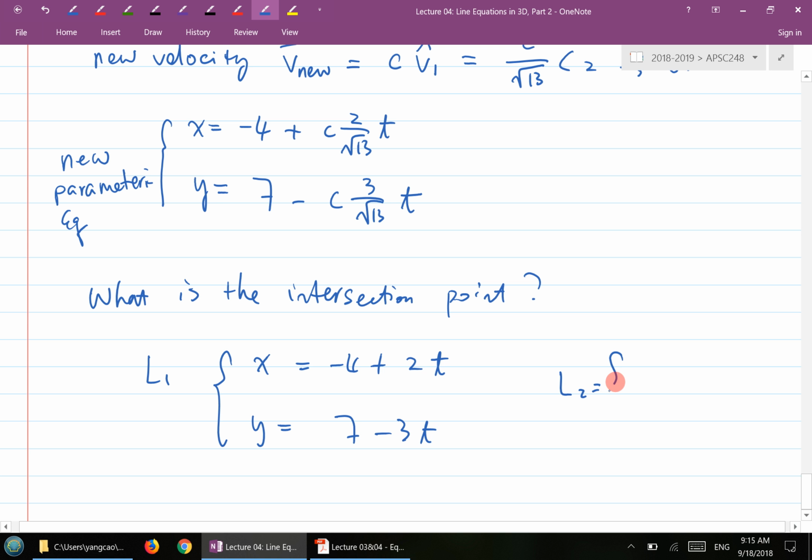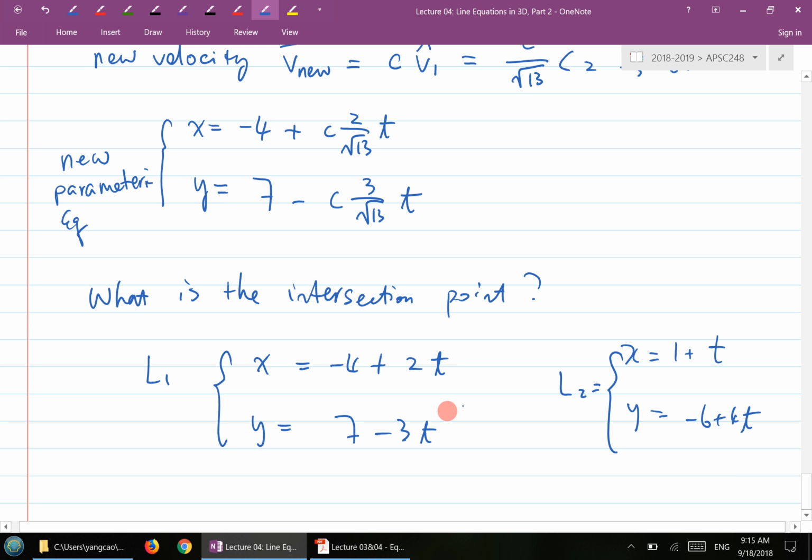And L2 is written as x equal to 1 plus t and y equal to negative 6 plus 4t. But if I want to find the intersection between two lines, I cannot use the same t as a parameter anymore.